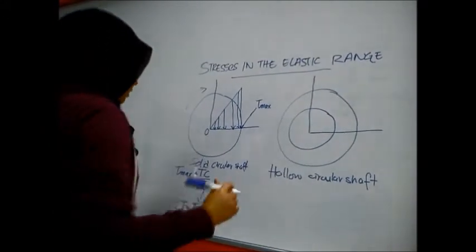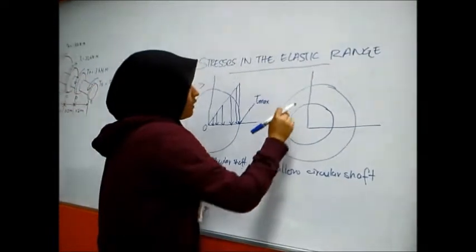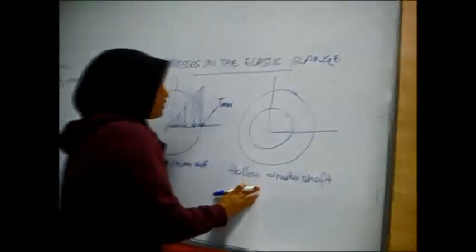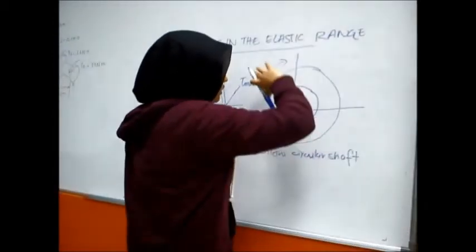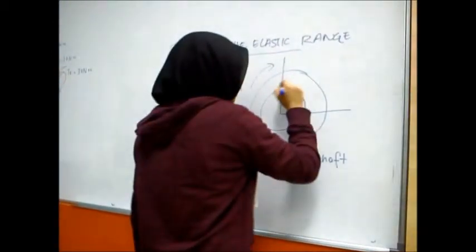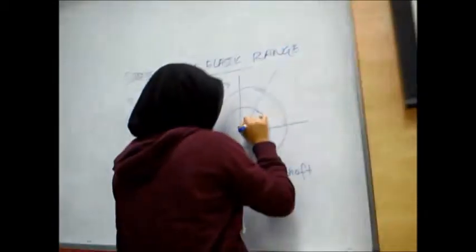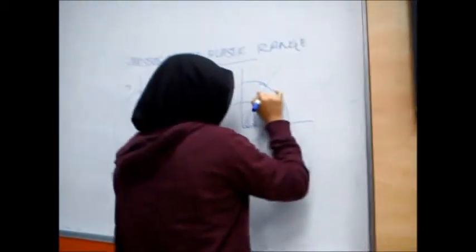For the hollow circular shaft, when it rotates to the right, the shear stress will be like this.